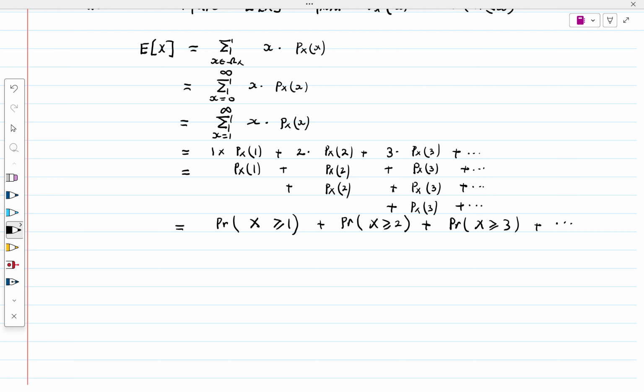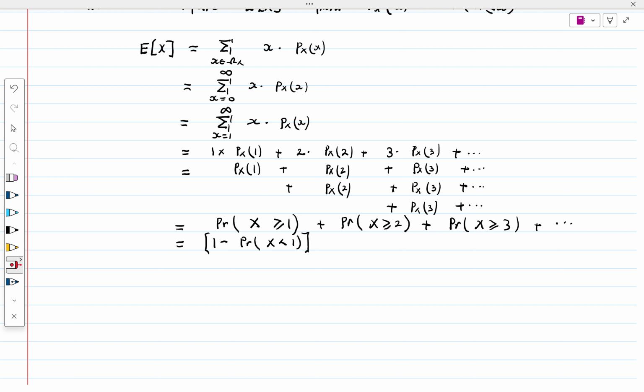Now, alternatively, we can rewrite not just the first term but all of these terms in the opposite way. What do I mean? That is 1 minus the probability x is less than 1. In other words, I'm rewriting it with respect to the complement event.